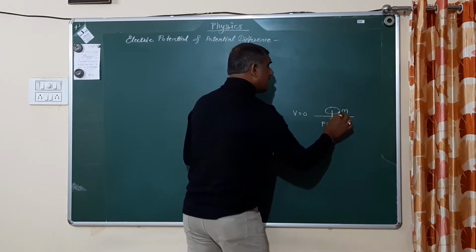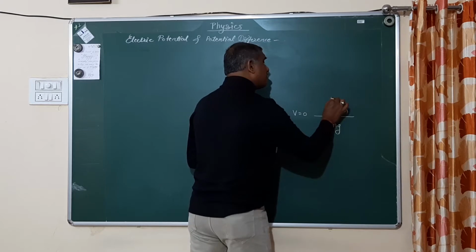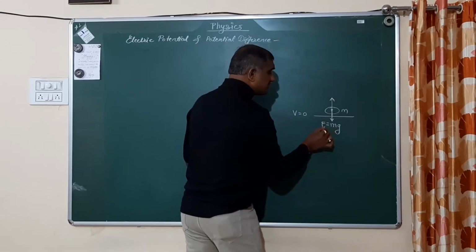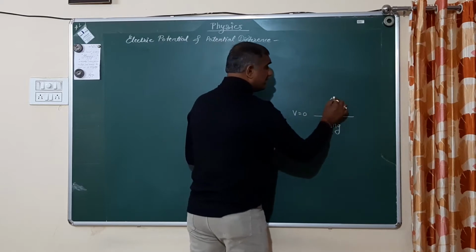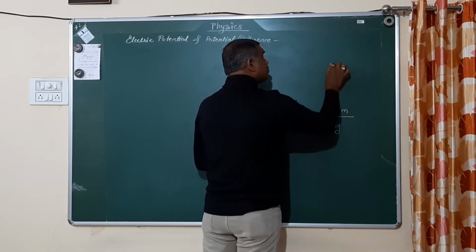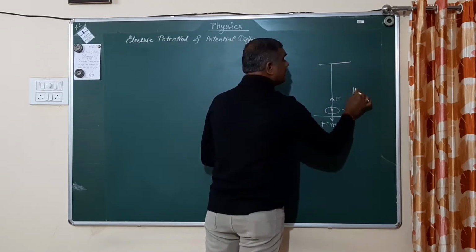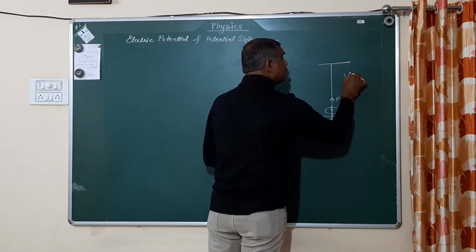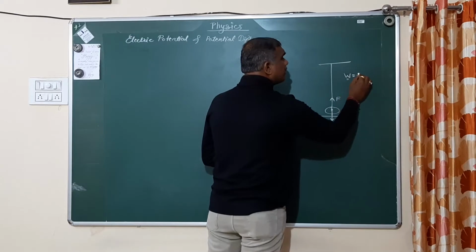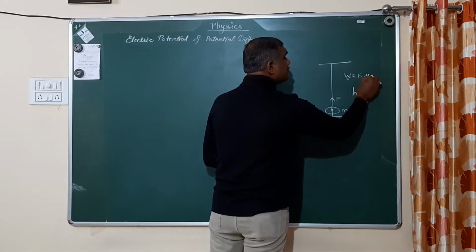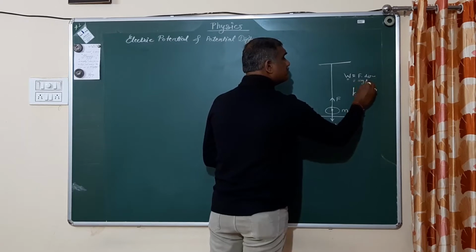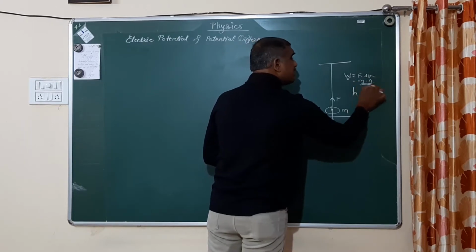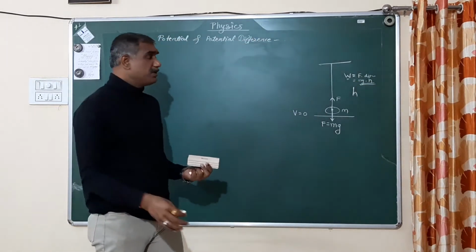I apply the force in the upward direction, exactly equal to m into g, and by applying that much force, I lifted that duster through the height h. Then the work done is equal to force into displacement. Force is equal to m into g, and displacement is h. How much work have I done on this duster?